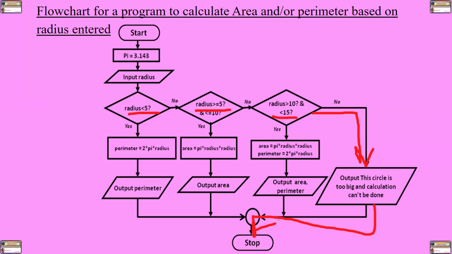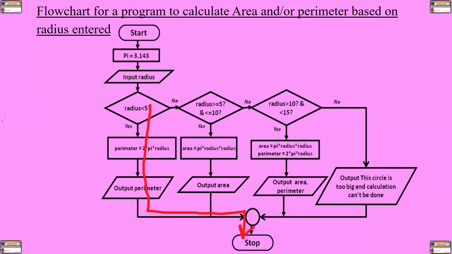So my dear students and the rest of the learners, you can see that only one path will be followed at any time. If the value entered is less than 5, then this is the path that will be followed. If the value entered is between 5 and 10, this is the path that will be followed.